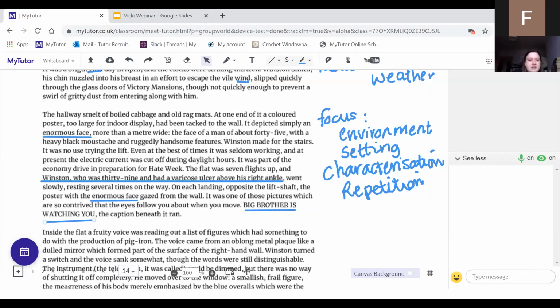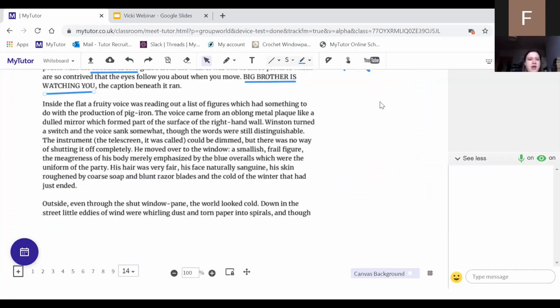Right, so, inside the flat, a fruity voice was reading out a list of figures which had something to do with the production of pig iron. The voice came from an oblong metal plaque, like a doll's mirror, which formed part of the surface on the right-hand wall. Winston turned a switch, and the voice sank somewhat, though the words were still distinguishable.